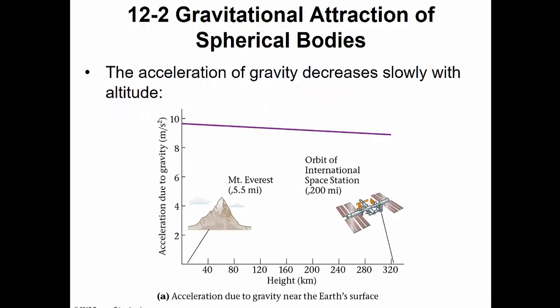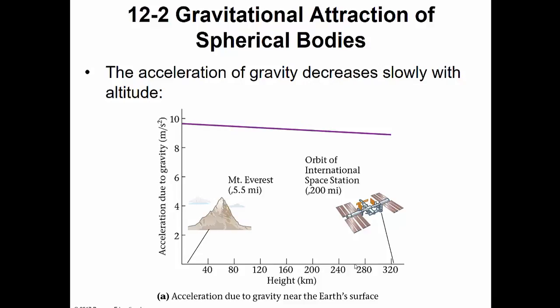Now, since gravity does have some dependence on how far away you are from the center of the Earth, if we use the value of 9.8, but you go up to Mount Everest, 9.8 changes significantly.